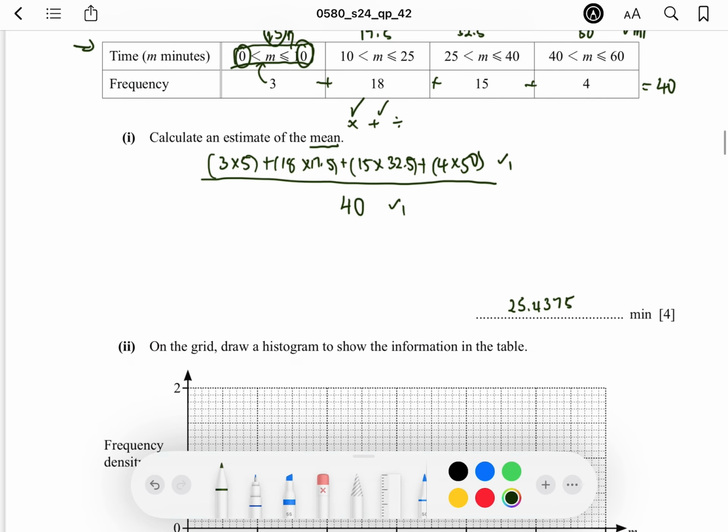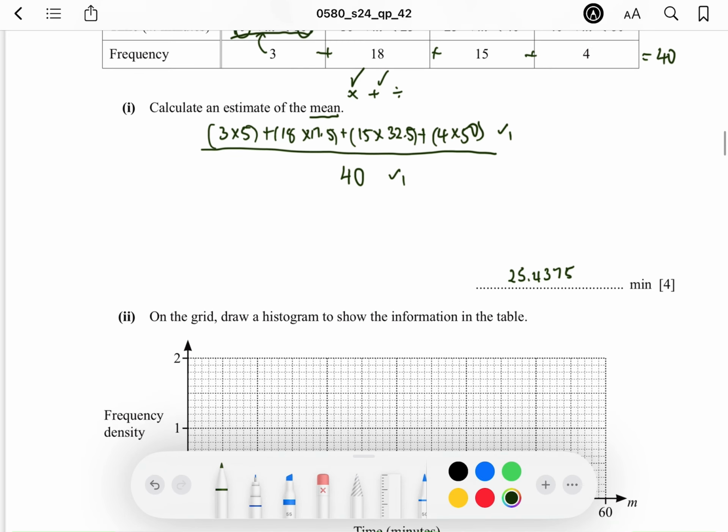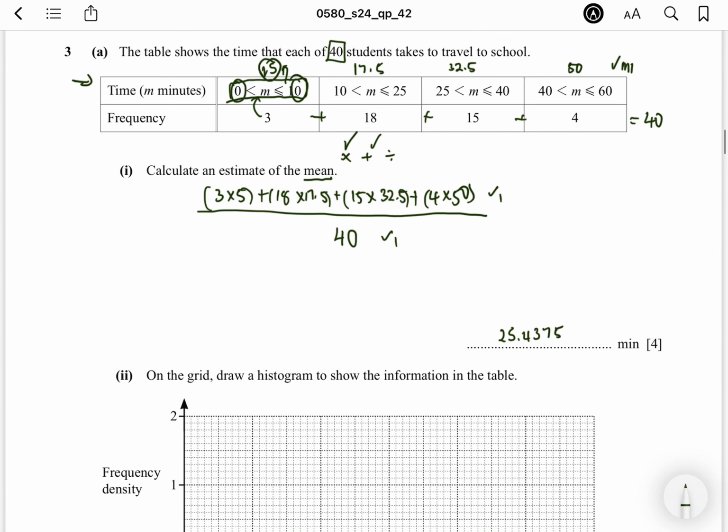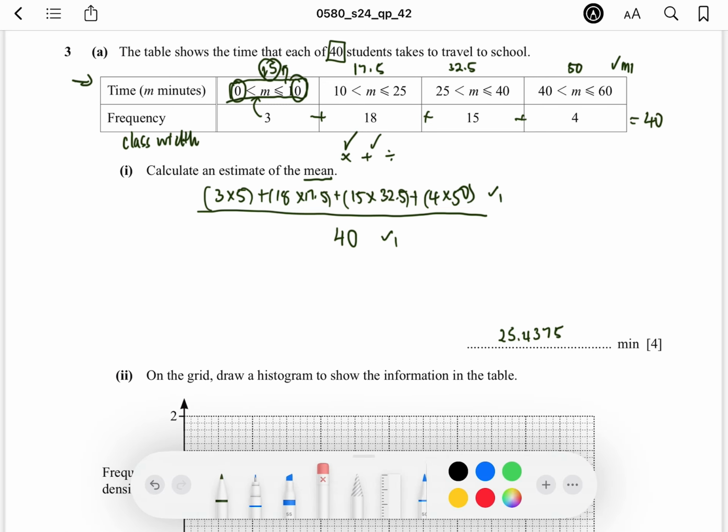Okay. Next one. Draw a histogram to show the information in the table. So what we want is in the one of the video as well. You find the class width. Okay, let me erase that one so I have space for my class width.